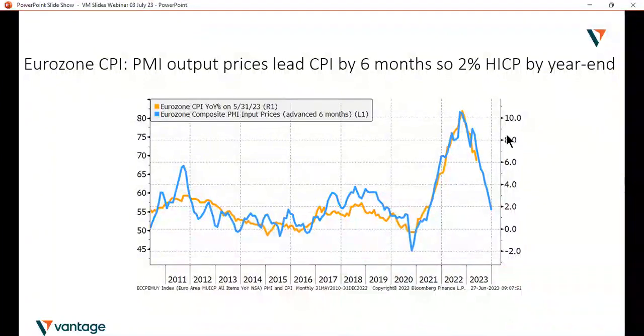But then you have PMI input prices, which nicely lead that headline CPI data by 6 months or so, and potentially we could see that headline figure dropping to around 2% by the end of this year. Just bear that in mind, certainly on the headlines front, and whether core eventually follows will be key for the ECB and obviously potentially for the euro.